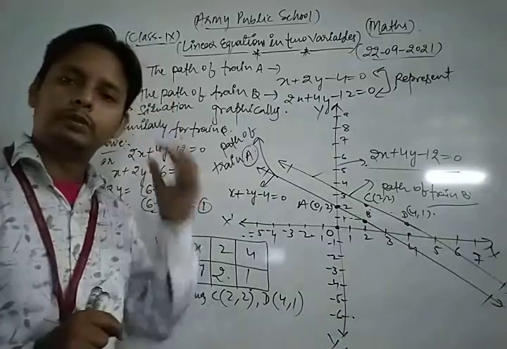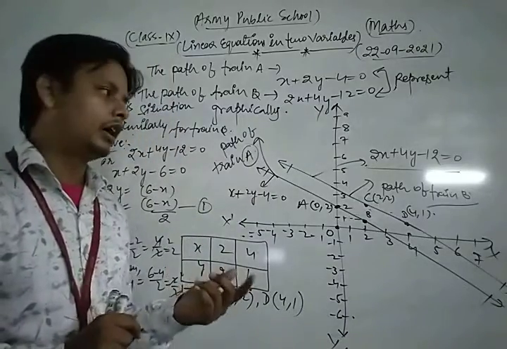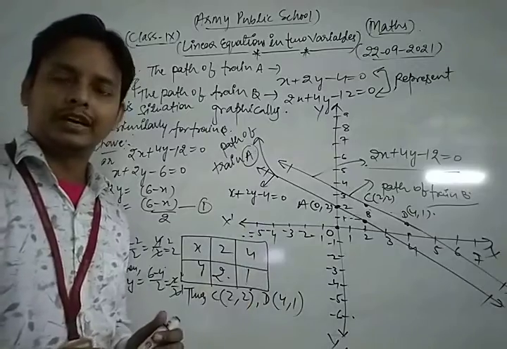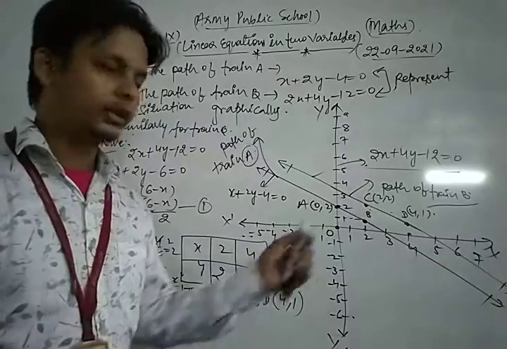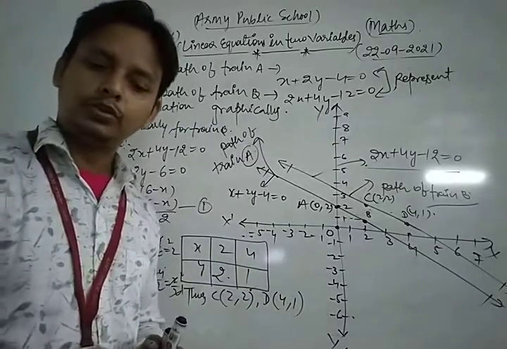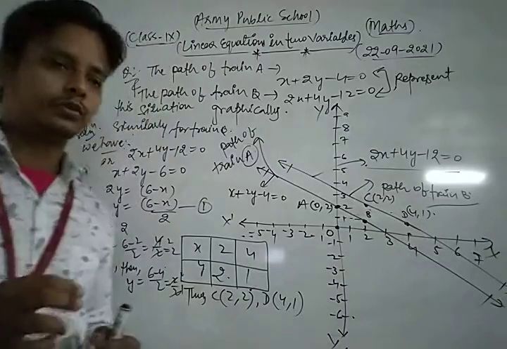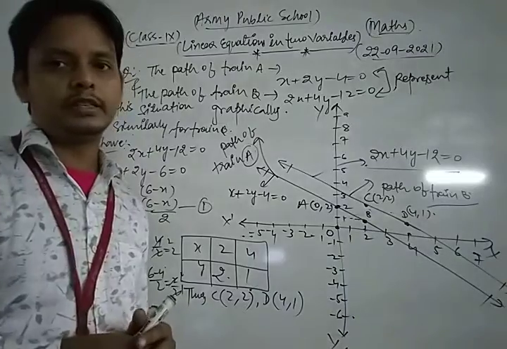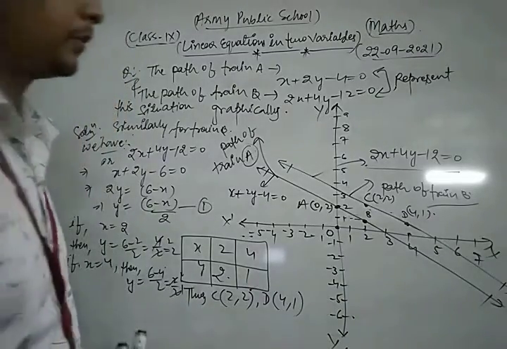First of all, you represent y in terms of x. After that, you find the points and plot them on the same graph paper, and you get your result. In this way, you can solve every graph-based question of your syllabus. Please do more and more practice of this type of question.